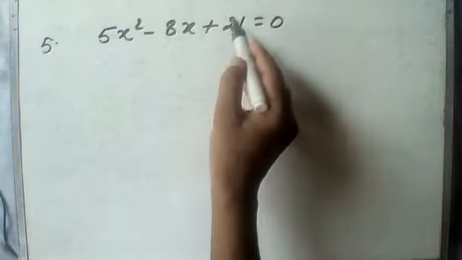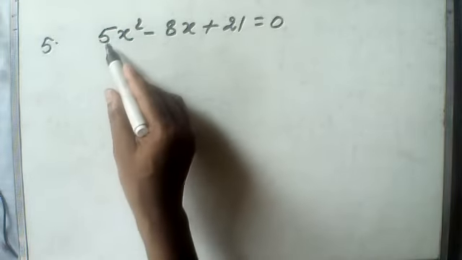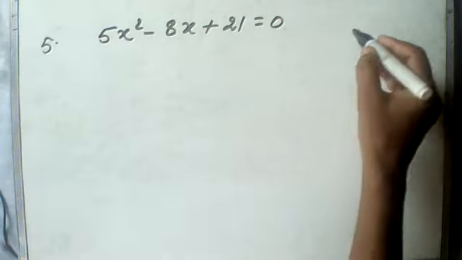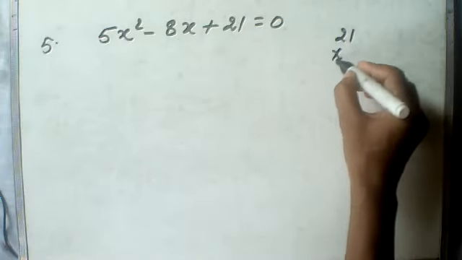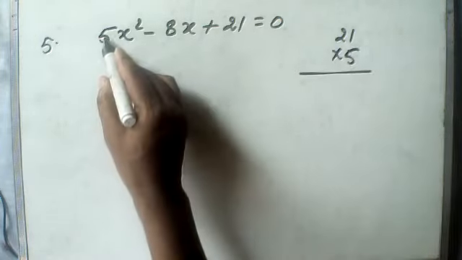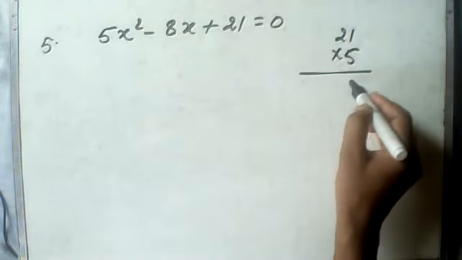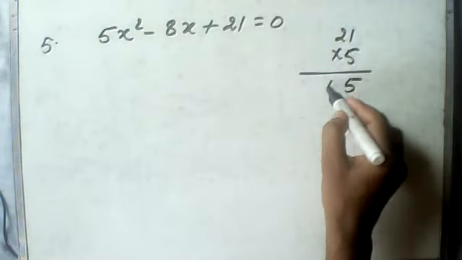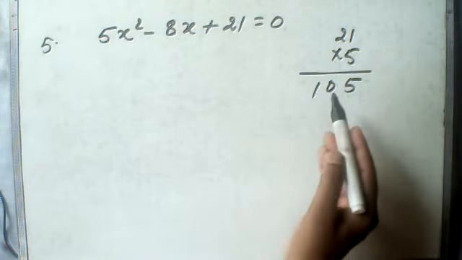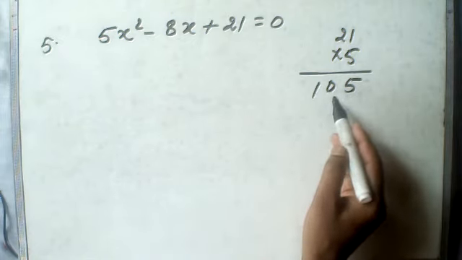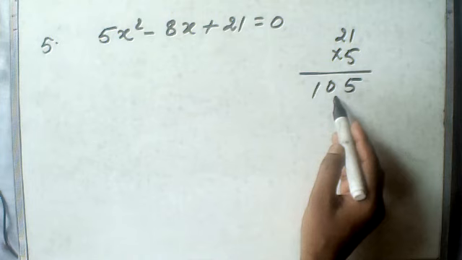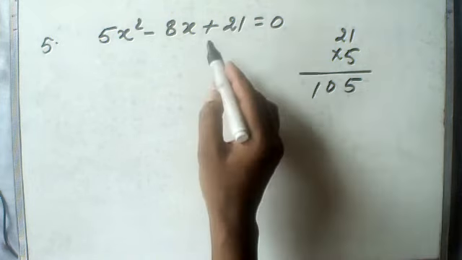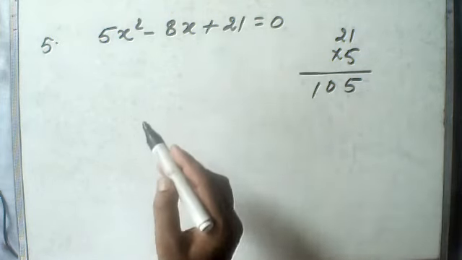We need to multiply this constant by the coefficient of x squared, that is 5. We multiply 21 times 5 to get the product: 5 1s are 5, 5 2s are 10, so 105. Now we need two factors of 105 such that the sum is 8.